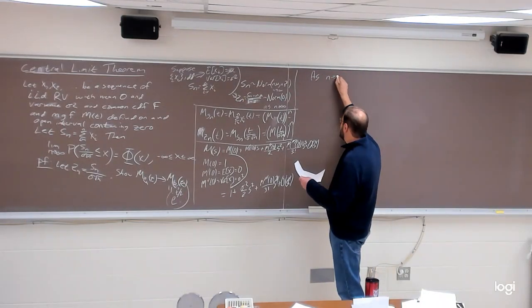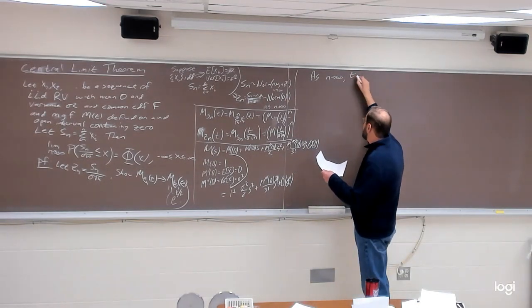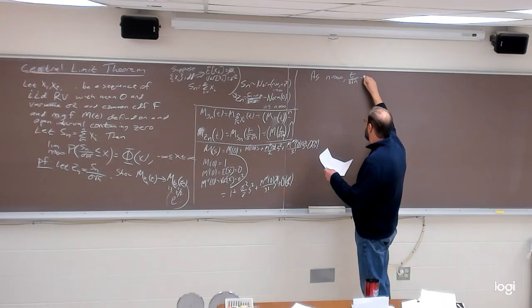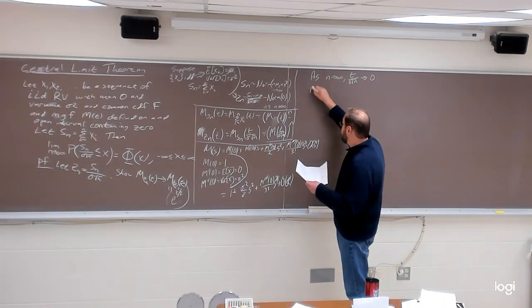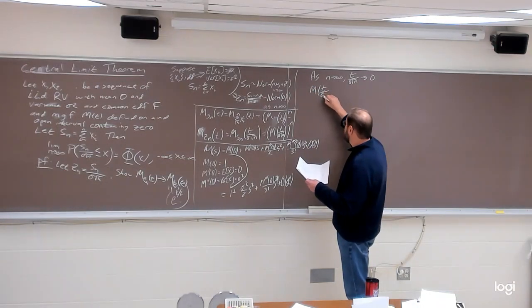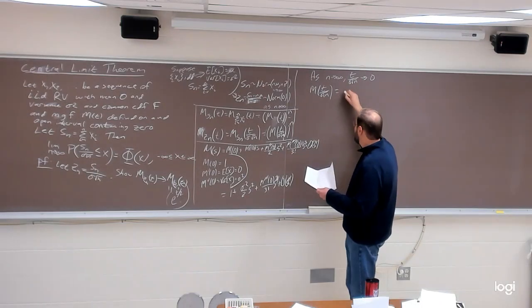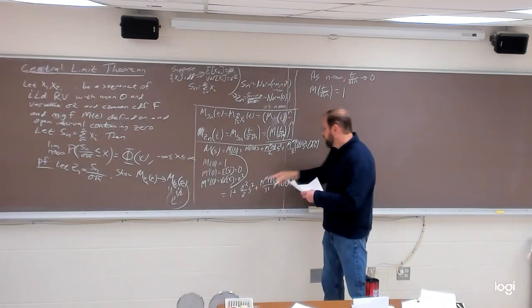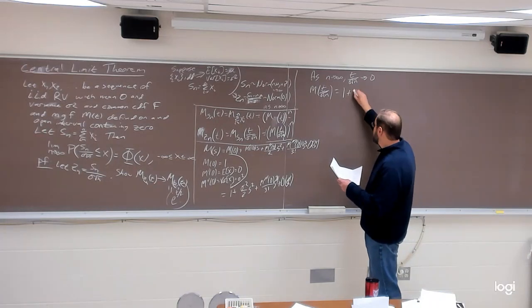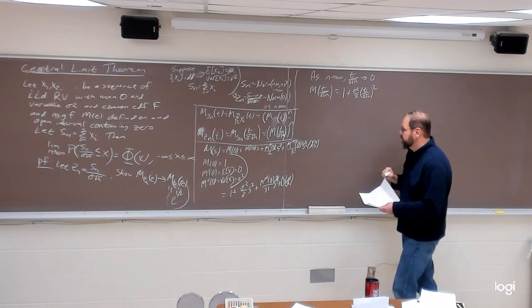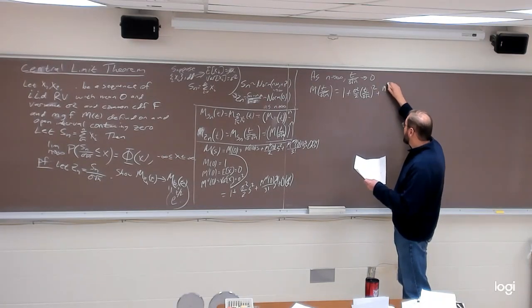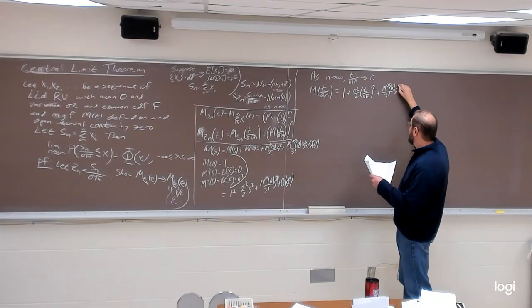As n goes off to infinity, t over sigma square root of n goes to 0. So now if I look at the moment generating function at t over sigma square root of n, it will equal 1 plus sigma squared over 2 times t over sigma square root of n squared, plus the third derivative, whatever that is, over 3 factorial times s cubed.